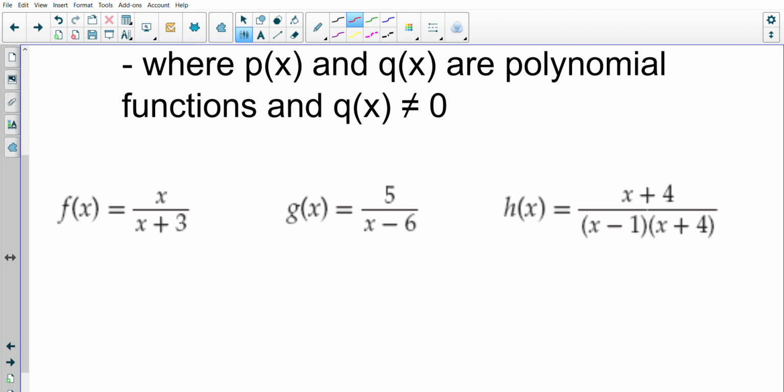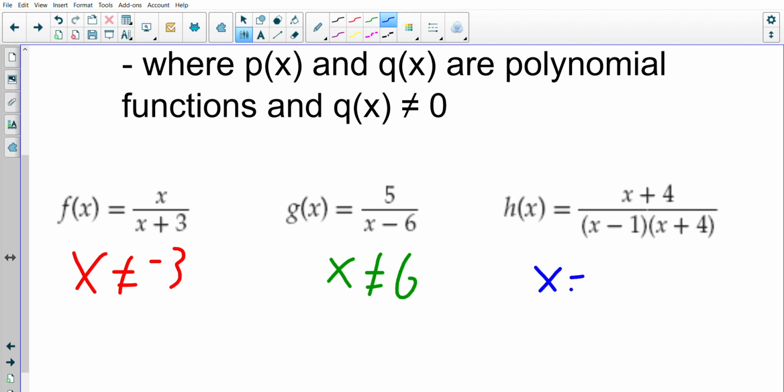For the first one, x cannot equal -3, as the bottom will become 0. The second one, x cannot be equal to 6, because that would make the bottom 0. And the last one, x cannot be 1 or -4, because both those values will make the bottom 0. So we have to look for those numbers.